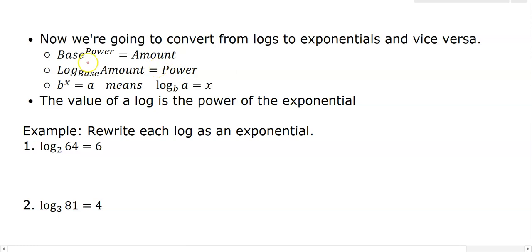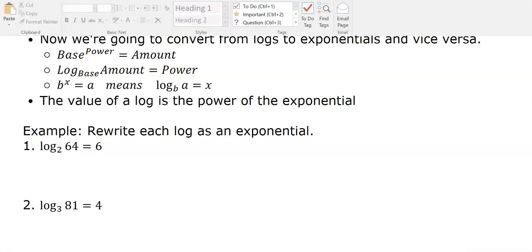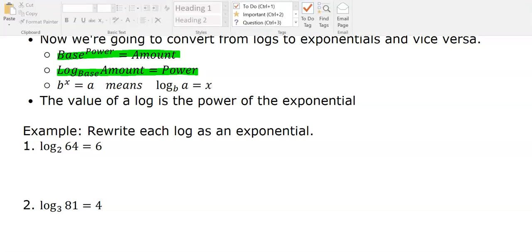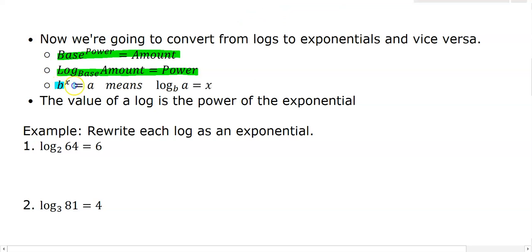Looking at these two forms will help you see where things get moved to in the two equations. It'll take a little time to get used to where they go, but once you figure it out, it's the same for all of them. Then they give you a specific example: if you had something like b to the x power equals a, that would be an exponential form.